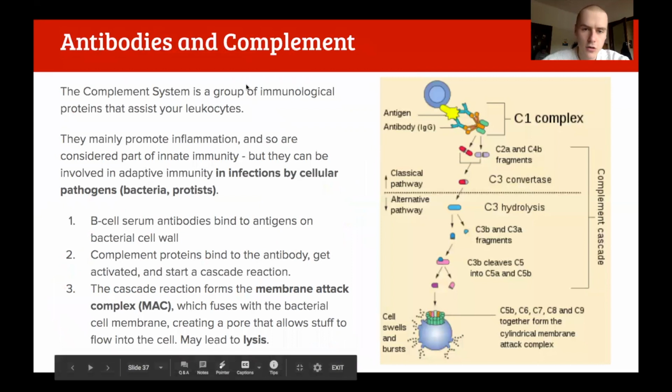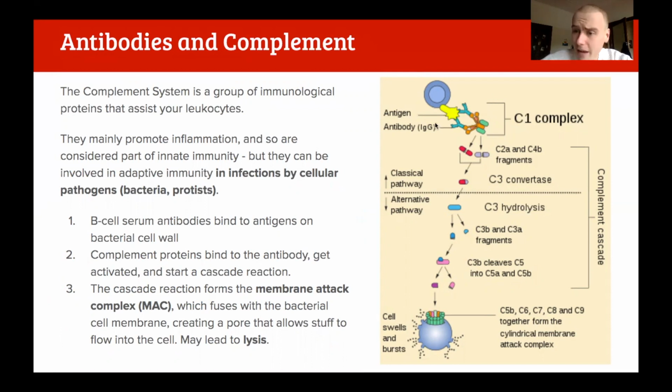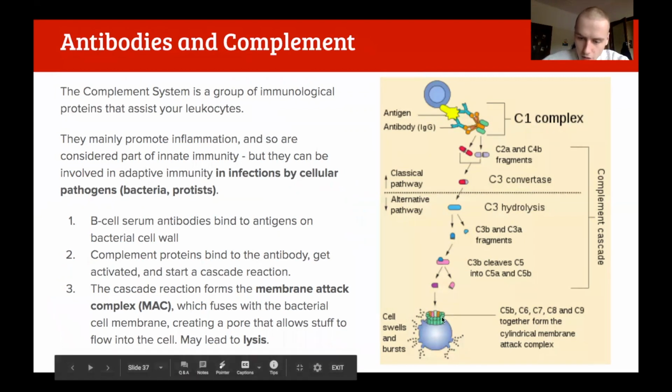All right, now let's talk about that complement system I was talking to you about and how they interact with antibodies. Basically, what happens is you have this complement protein called C1, which binds to antibodies once they've bound to an antigen. And that starts to activate a part of the complement pathway, which produces this little circular pore thing down here.